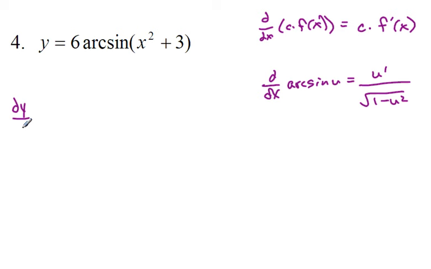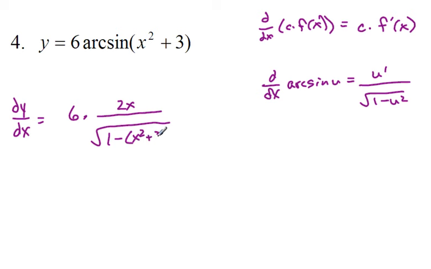So when I find dy dx, I have 6 times, on top, the derivative of the inside is 2x. On bottom, I have 1 minus, must have parentheses here, x squared plus 3 squared. If you like, you can multiply the top and get 12x, but you really don't want to clean up any of the bottom because it'll just look worse. So just keep it looking like this.